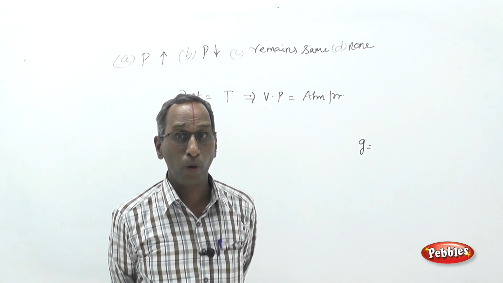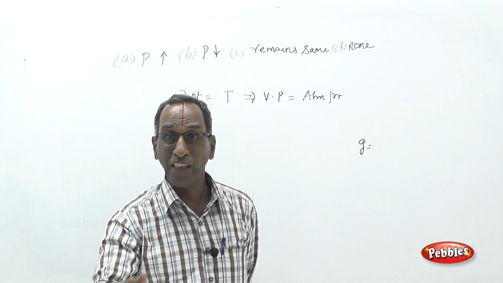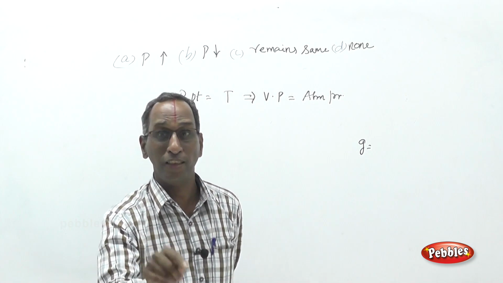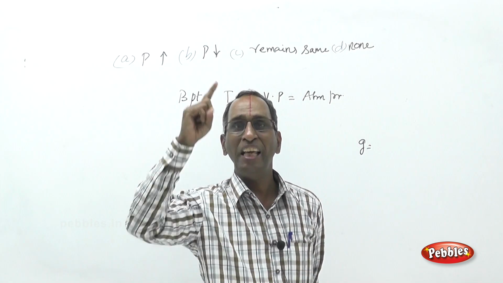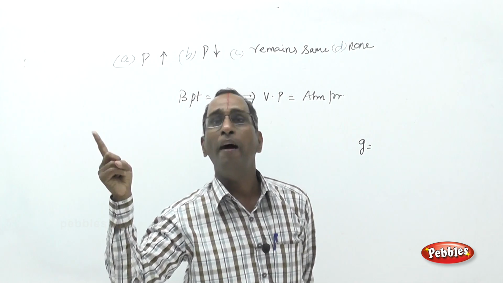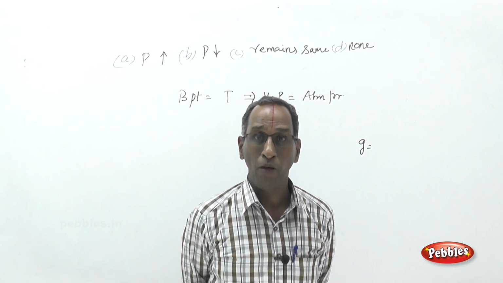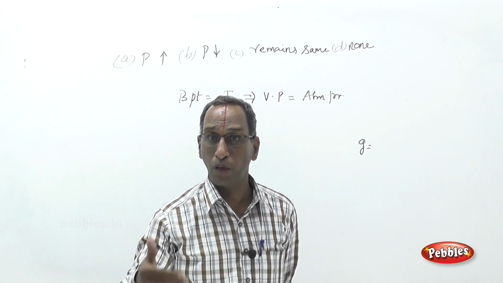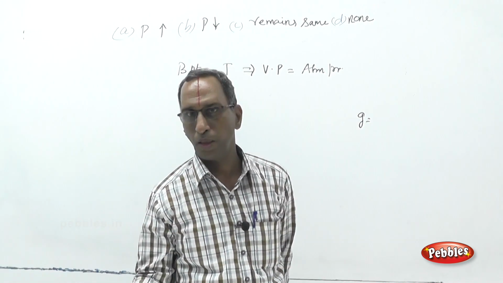At 60 degrees also water will boil, at 50 degrees also water will boil. But we say the boiling point of water is 100. The significance is that only at 100 degrees is the vapor pressure of water equal to the atmospheric pressure. Atmospheric pressure is 760 millimeters of mercury, or 76 centimeters of mercury.